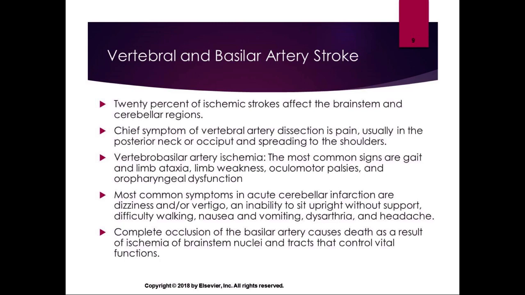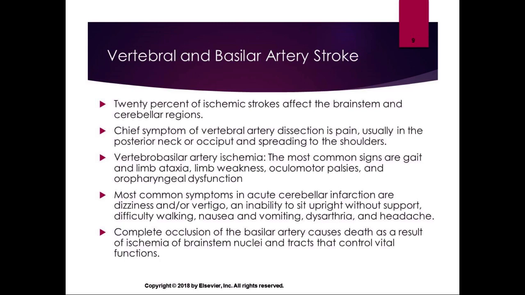The vertebral and basilar arteries supply the posterior, inferior part of the brain, like the cerebellum and cranial nerves in the brainstem. 20% of ischemic strokes affect the brainstem and cerebellar regions.